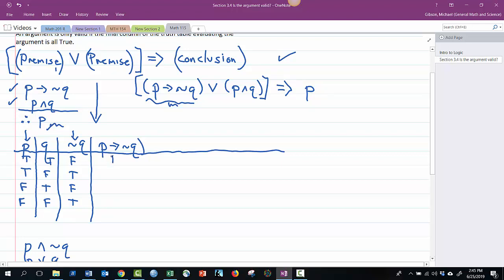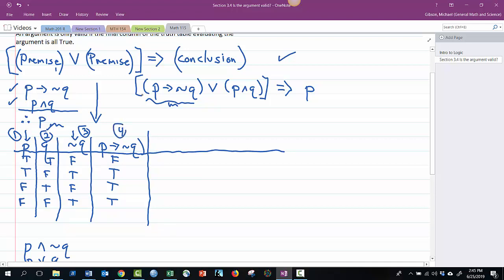That's my one situation where it's false, true and then false. All right, and that's the only place, if you look at those two columns, where we have true and then false, so the others are true, right? Because it's only false when it's true and then false. Actually, let me number these for future ones. There's 1, 2, 3, 4.